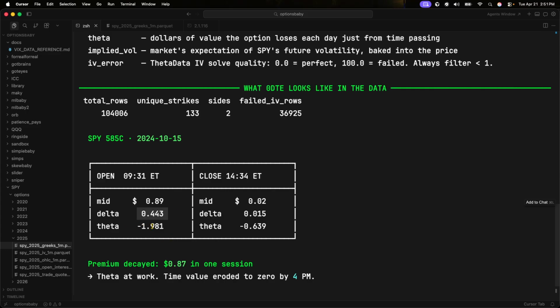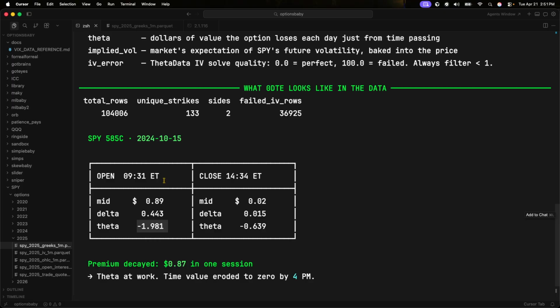And we know for every minute we're holding this 0 DTE option contract, and these are option contracts that expire the same day, it's going to cost us. We're going to lose like $1.98. If you want to round it up to $2, we're losing $2 every minute just from holding this, gang. So that's the impact of theta.